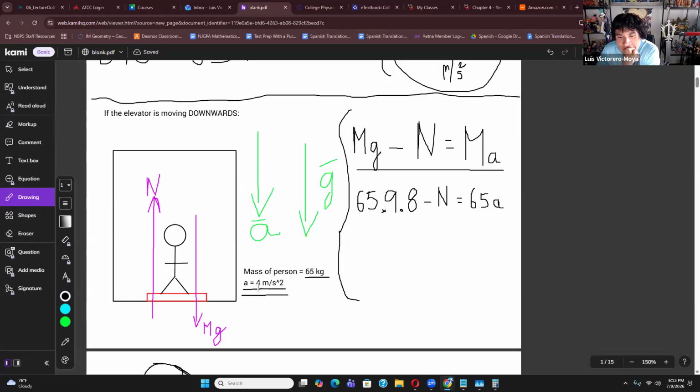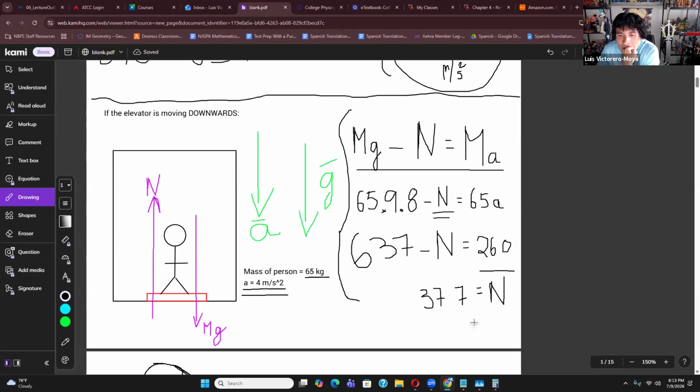We're given the acceleration now, so we want to see what the scale is reading. This was 637 from the previous example, minus the normal, equals 65 times 4, that is 260. So the normal goes here, and this goes to the other side, so that's 637 minus 260, 377.